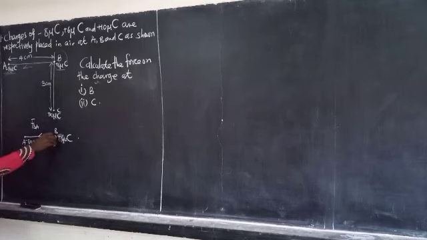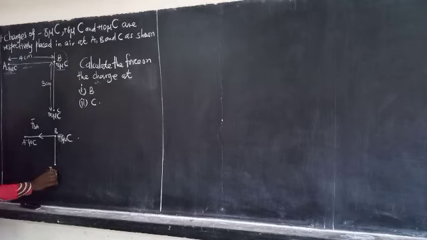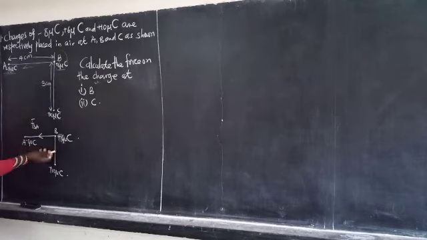There is another charge here, which is a positive 10 microcoulombs. Would this one be going downwards or upwards? If I try to bring this positive charge towards this positive one, it will be repelled.